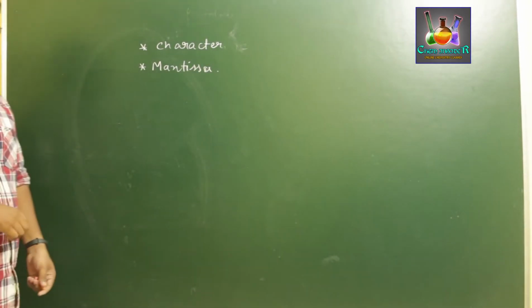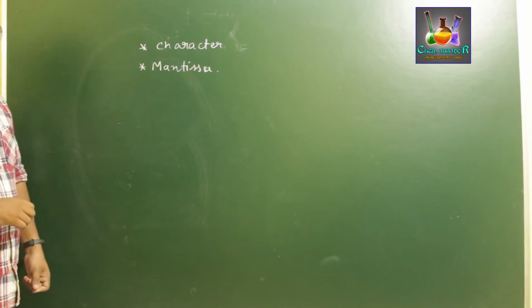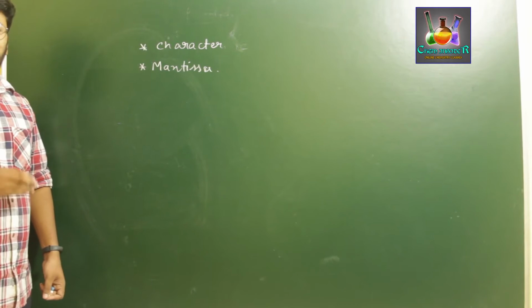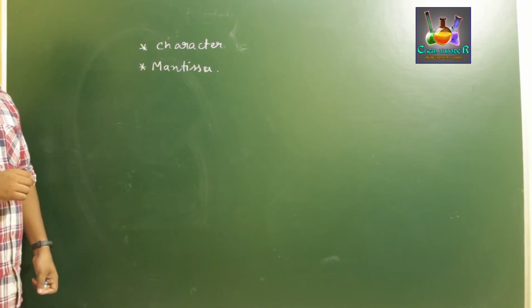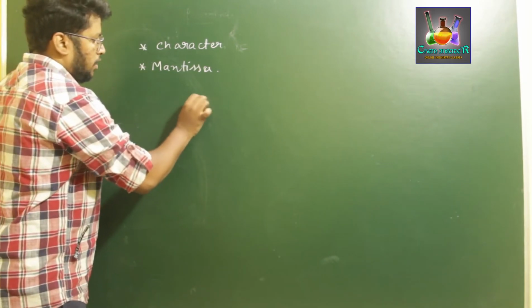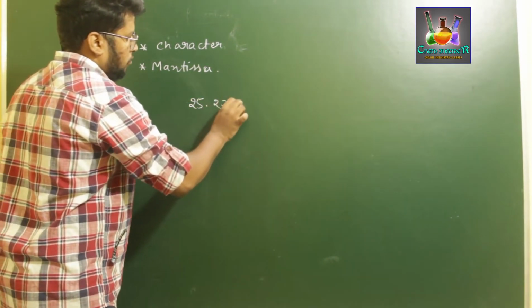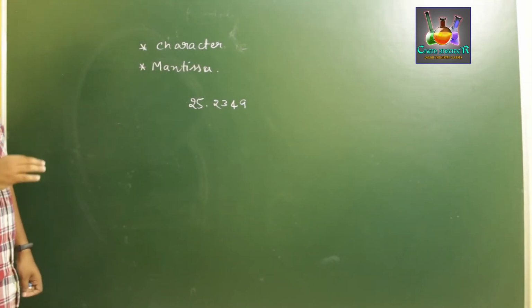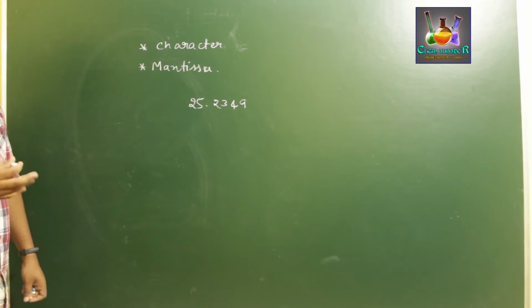So what are the characteristic and mantissa? They are the two terms we find in common for every logarithmic number. If we have a number such as 25.2349, this is a logarithmic answer with a decimal point.